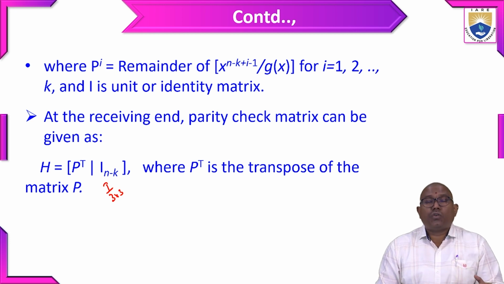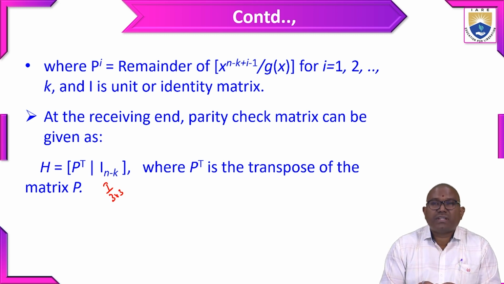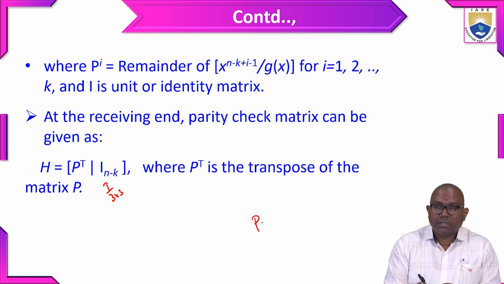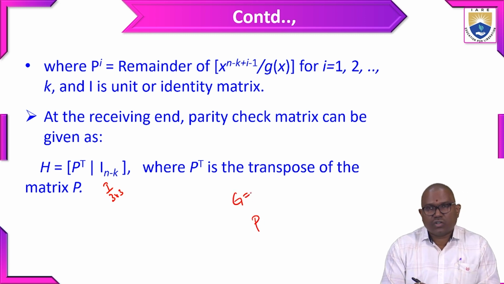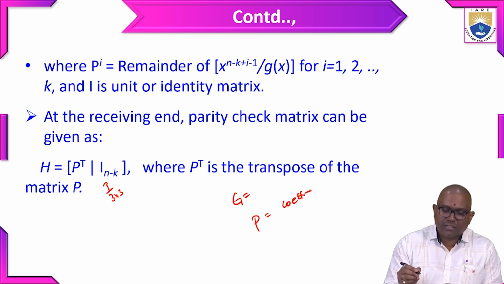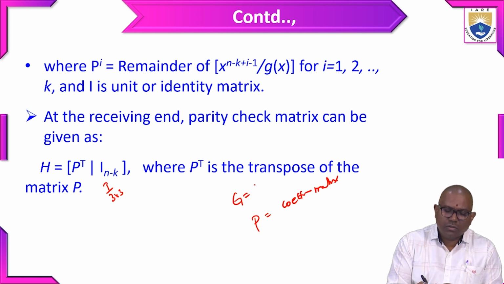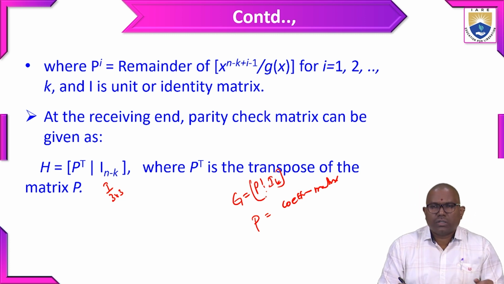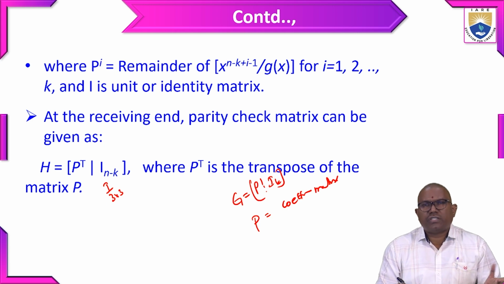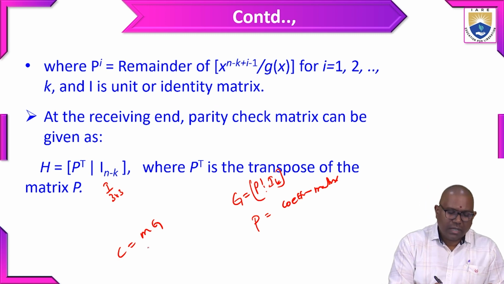When you solve a block code, you must have this coefficient matrix P. In the exam, they may give G, the generator matrix, or at least the coefficient matrix. G is equal to P augment I k. In this form we generate G, then we simply multiply C is equal to M into G. Here we have the message bits, for example 1, 0, 1.